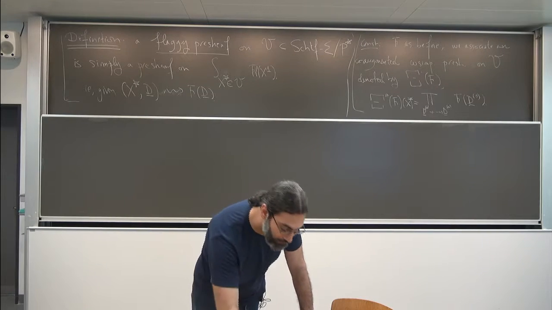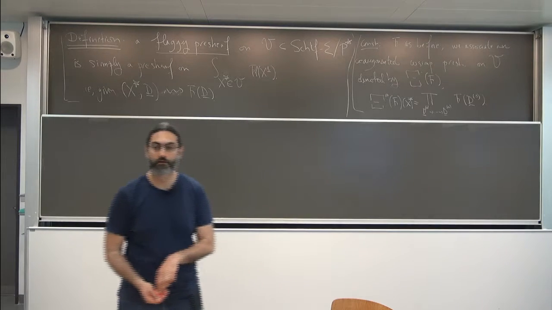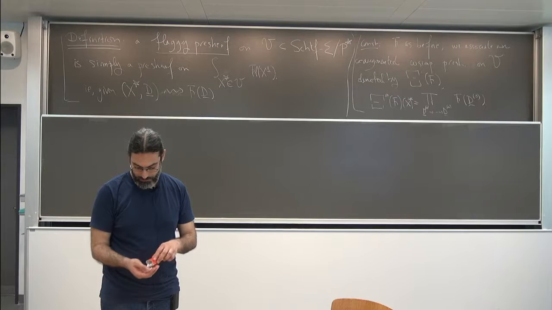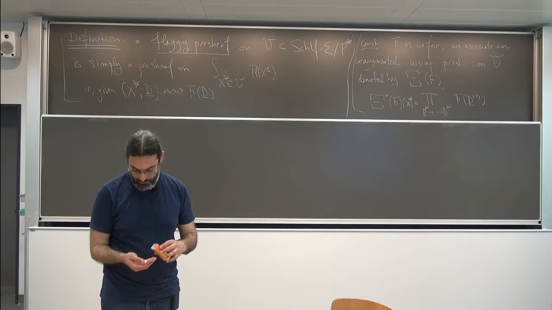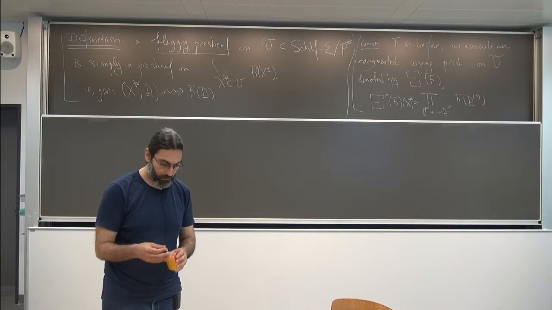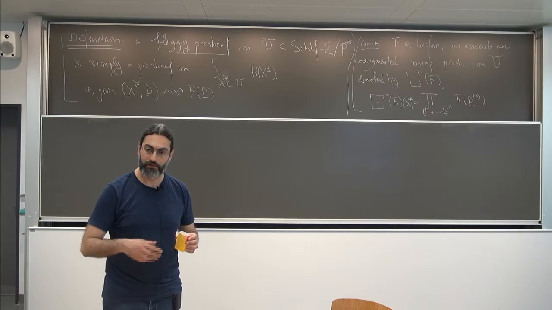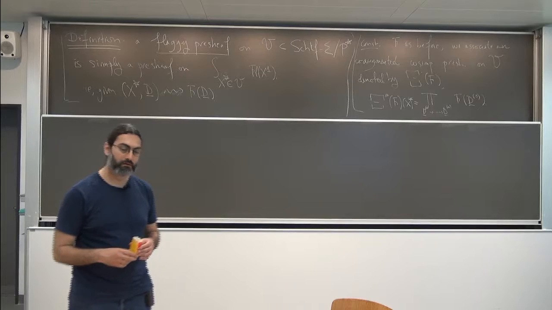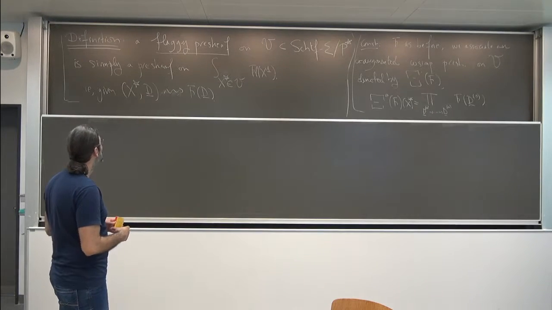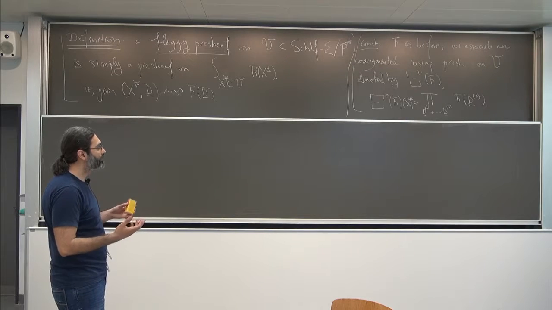Yes, the fact that you wrote x1 there was because the flags were only defined on x1. So these presheaves should depend mostly on x1. No, they depend also on x0 and the stratification.